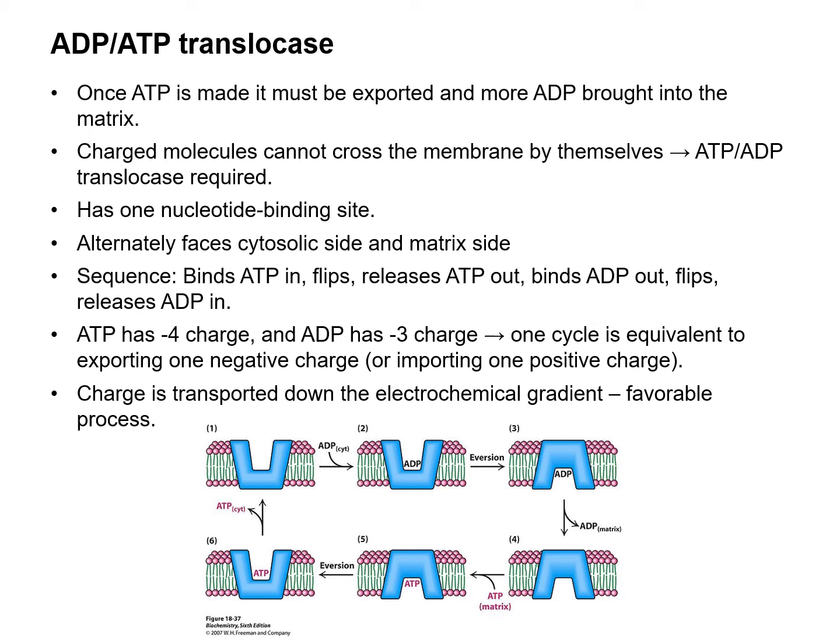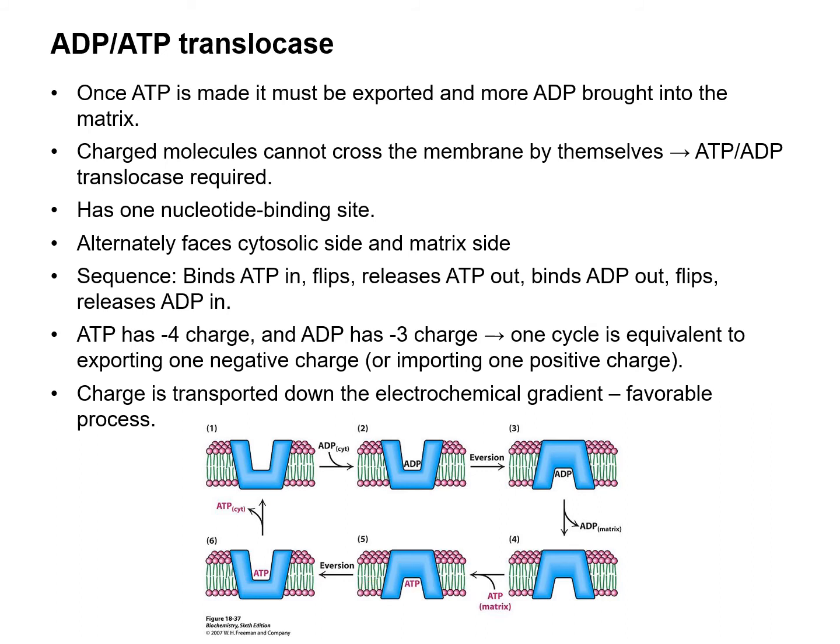So a system is required to transfer those ATP and ADP molecules. The ADP-ATP translocase does that, and it has one nucleotide binding site, so it can bind either ATP or ADP at a time, and it alternately faces the cytosolic side or the matrix side.